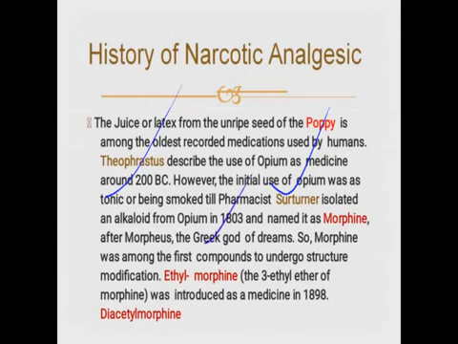In 1802, an alkaloid was obtained from opium and named morphine, after Morpheus, the Greek god of dreams. Morphine was among the first drugs to undergo structure modification, that is diacetyl morphine, introduced in 1898.